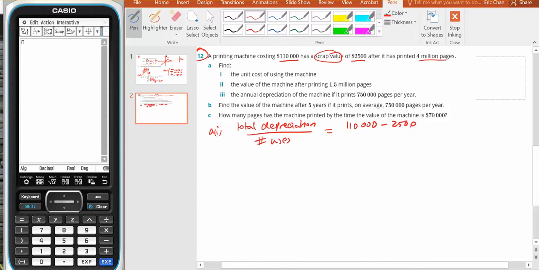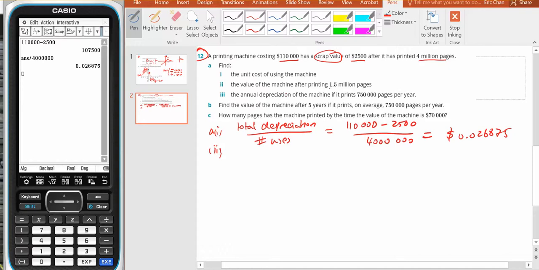So if I subtract these two together and divide it by 4 million, I should get my value. Okay, so I'm just going to go 110,000 minus 2,500 divided by 4 million. So the unit cost is $0.026875.